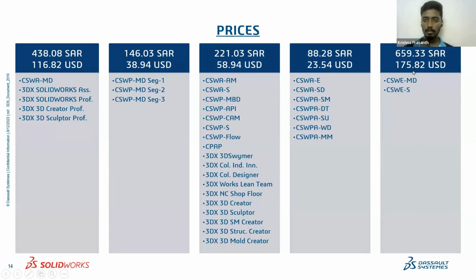The certification for the expert level will cost much higher, because it is the expert level which covers every part of the certificate. Right? So it will be costing around 659 reals. So you can take note of these values for access to the certification.